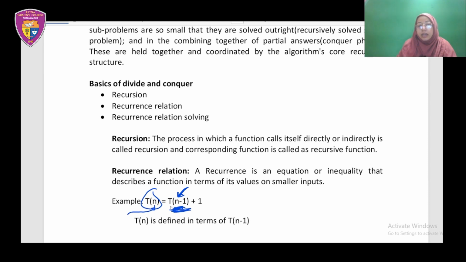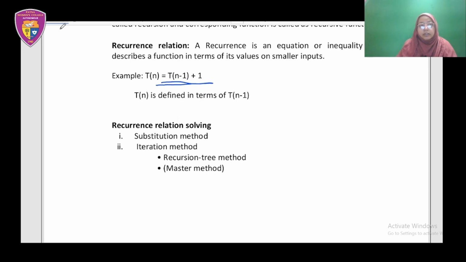So that is why you can see that there is a recurrence relation between them, because this function is calling itself for the smaller input size. N minus 1 is smaller than n. Okay, so that is why it is known as recurrence relation. So T of n is defined in terms of T of n minus 1.